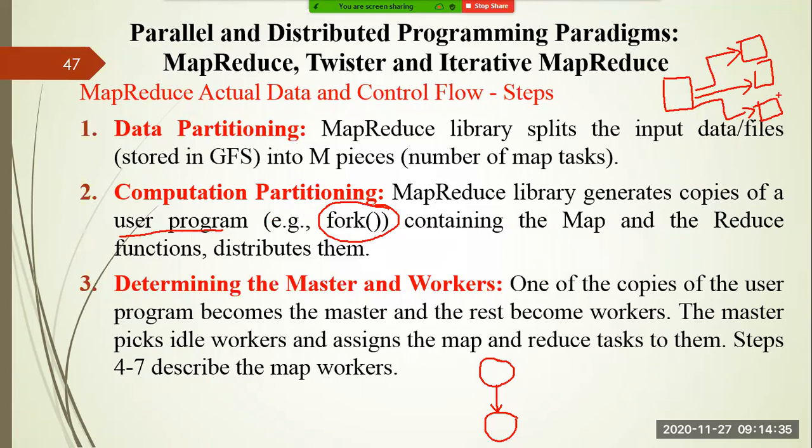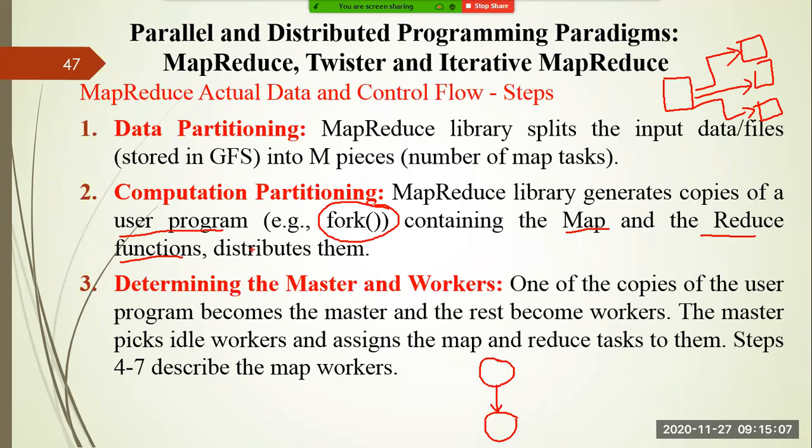So this system call is used to copy the program containing the map and reduce functions, so that once you have taken the copy you can distribute it. This is the same as having a class note, where you take 60 copies because your class strength is 60, and you have to distribute these 60 copies to 60 students.